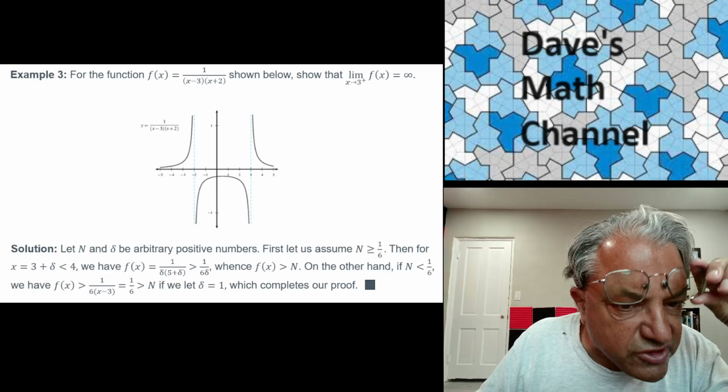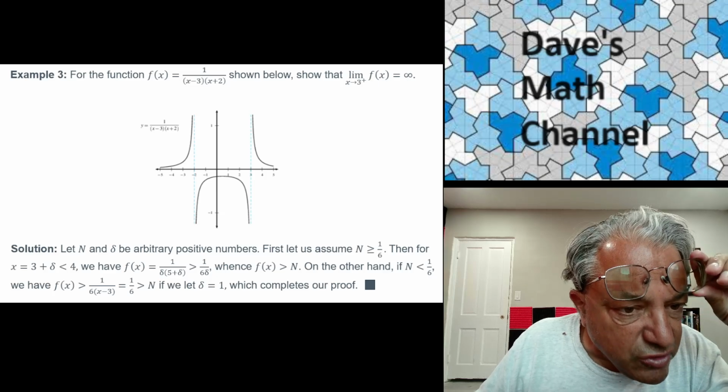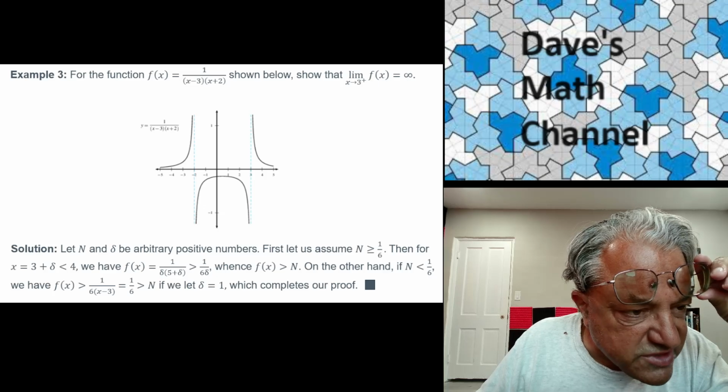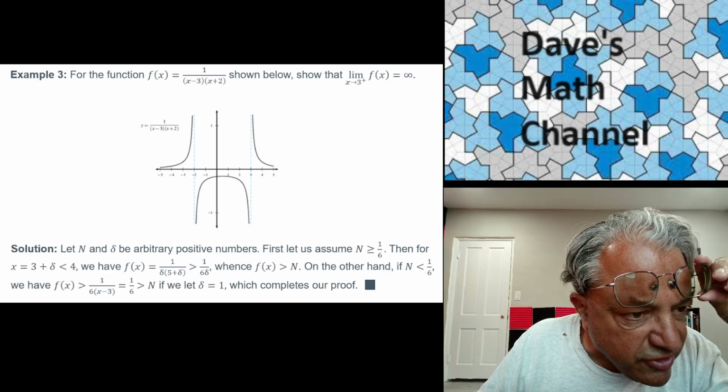But then there's another case we have to consider, the case where n is less than 1/6. In that case, it turns out that we can let delta equal 1. Because if we let delta equal 1, then we find that f of x is going to be greater than 1/6 in this case.